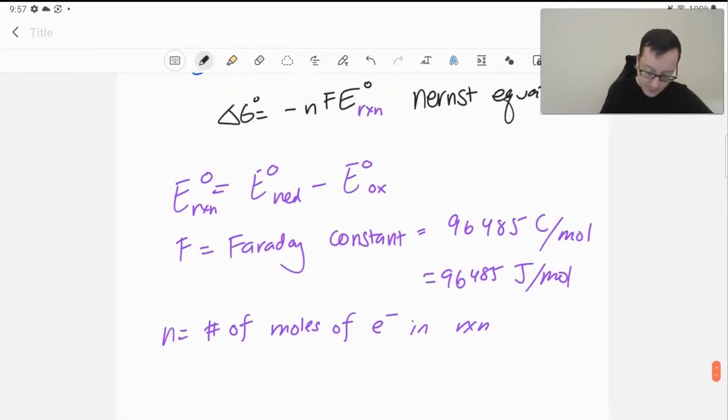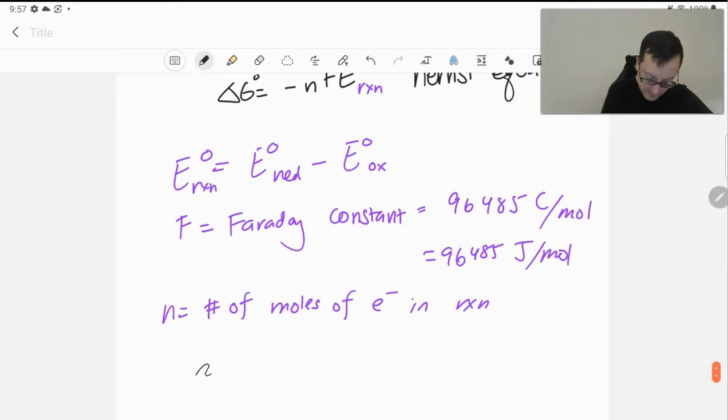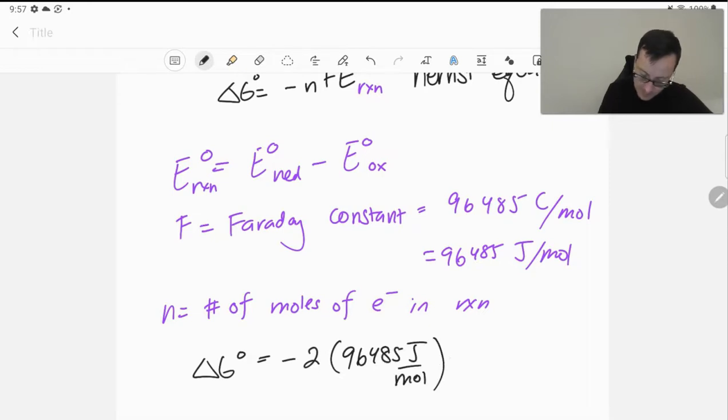So for this, we can go ahead and find delta G. Delta G for that reaction was negative 2 times 96,485 joules per mole times 1.097.